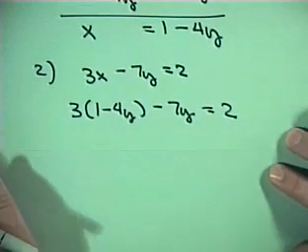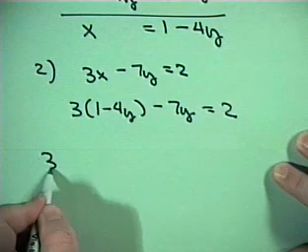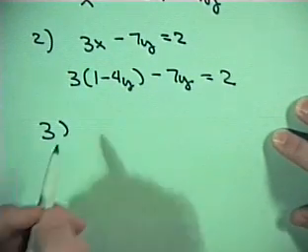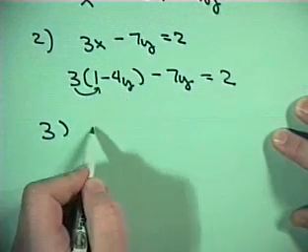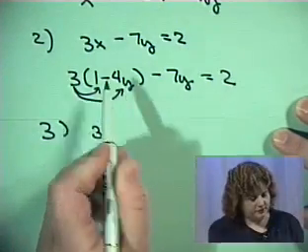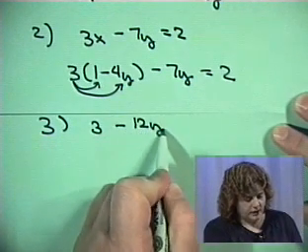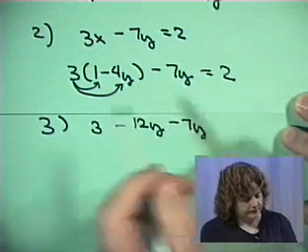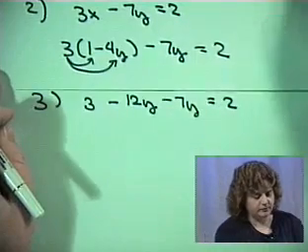Now, we've accomplished the substitution. We need to go about solving for our variable, which is y. So let's apply the distributive property to this first piece, and we'll have 3 times 1, leaving us with 3, and 3 times a negative 4y, so we'll be subtracting 12y, and we are subtracting 7y, that comes along, and the 2, which is just going to come along for the ride for the moment.